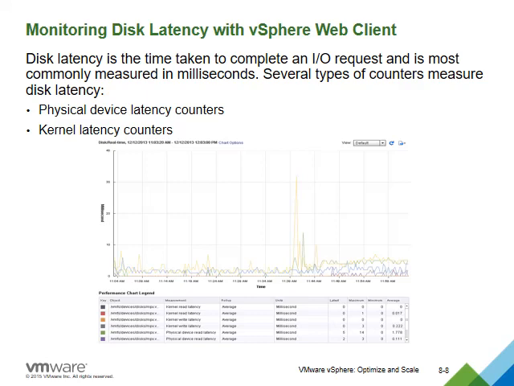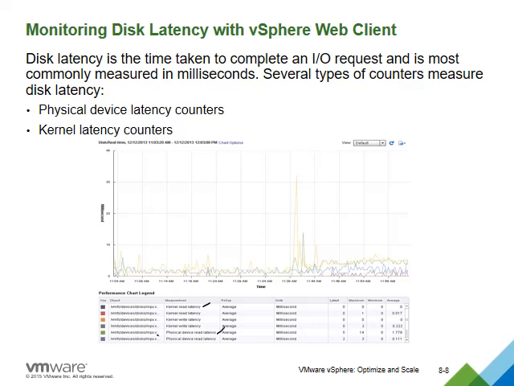We can also monitor disk latency with the web client. Disk latency is the time it takes to complete an I/O request and is most commonly measured in milliseconds. There are several types of counters to measure disk latency: the physical device latency counter and the kernel latency counters. And you see in each one of these we have kernel latency counters and our physical device read latency.